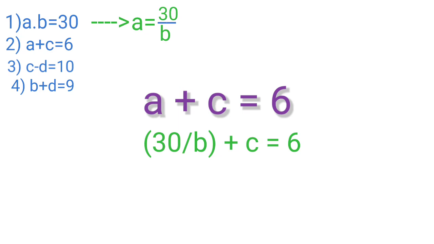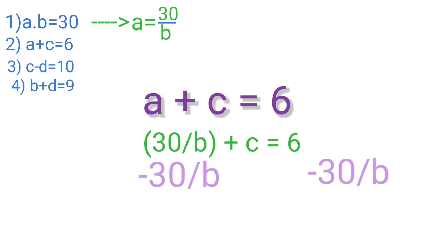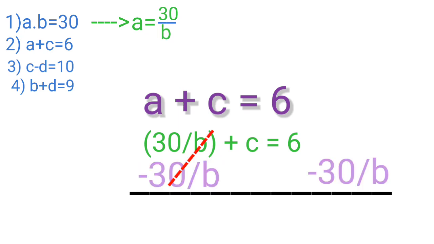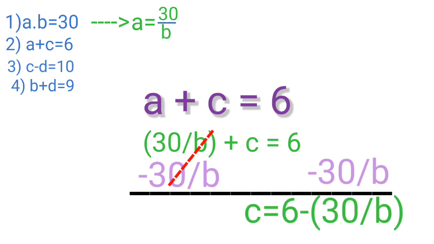Okay, let's solve this equation now for C, because then we can insert this into the third equation, and then we can go on like this. That's the plan. But first of all, we have to solve this equation for C. So we want to get rid of this part here. So we just subtract it on both sides, and then these two cancel out and only C is left, and on the other side we had the 6 and we subtract this part here. So we solved this for C.